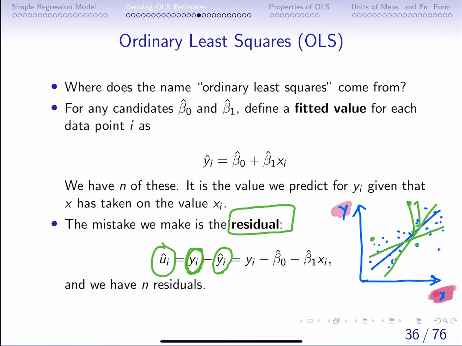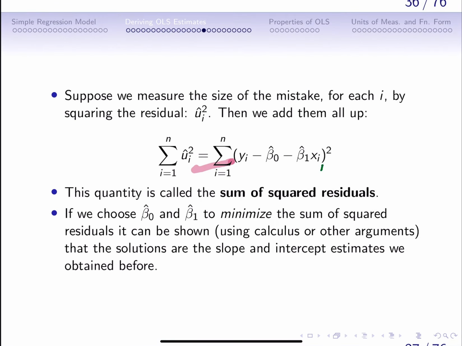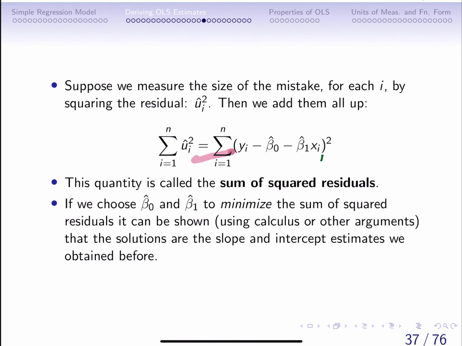The predicted value is denoted by yi hat, and this is going to be somewhere on that line. So for each value of x, we can predict y. Okay, so here we can see that what we're trying to do is minimize the sum of squared residuals.